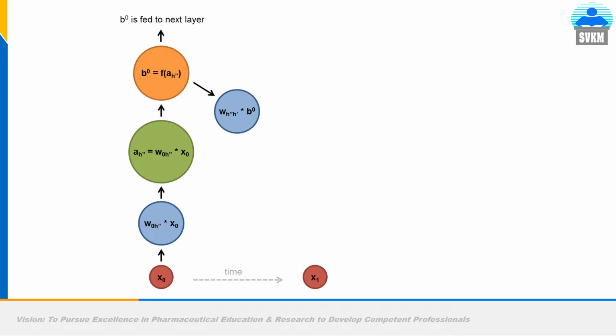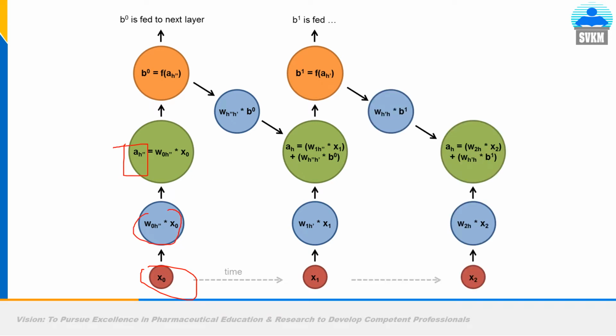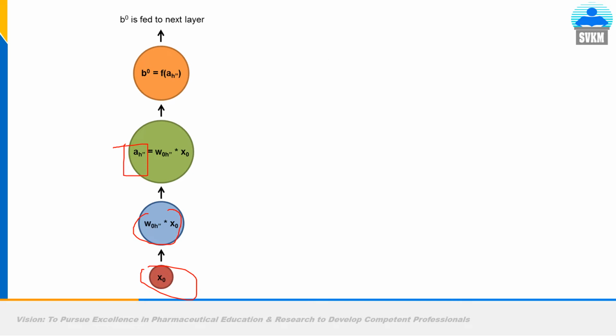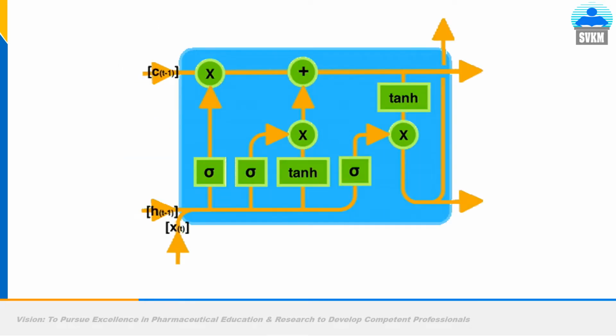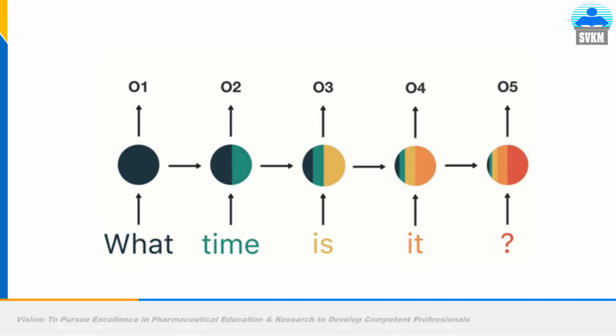Another example: this is the initial input multiplied by a weight value. You will get this output, and this output will be fed to the next neuron. Ultimately, all the inputs will be given to the neuron of the next hidden layer. So, what time is it?